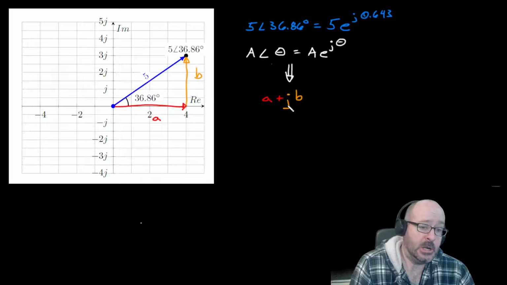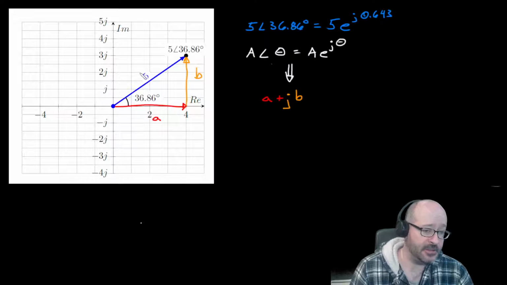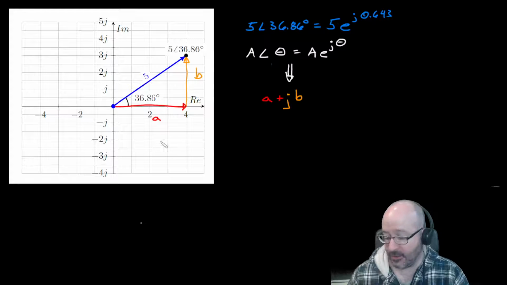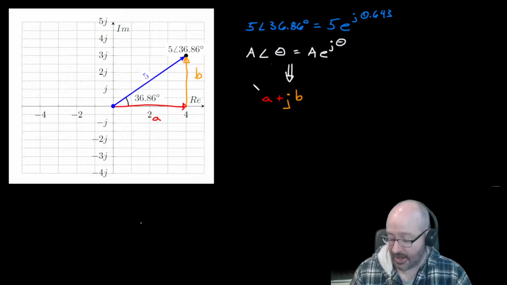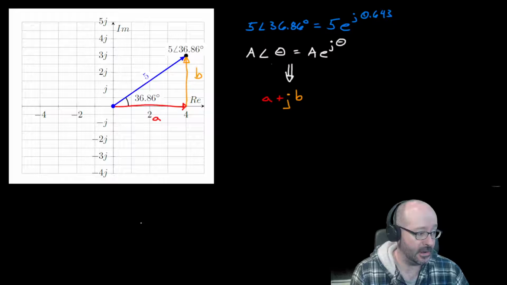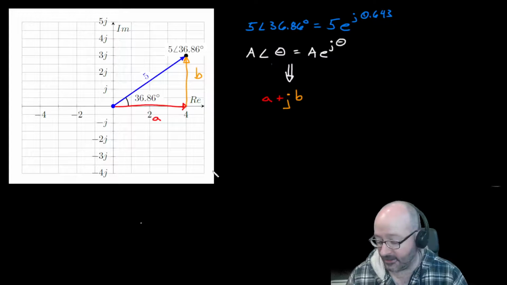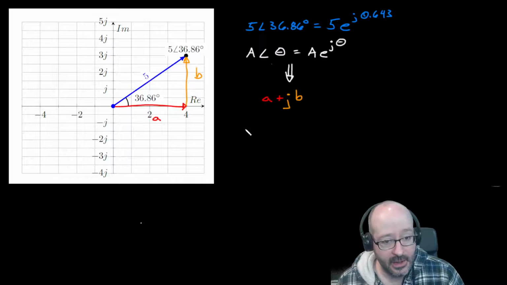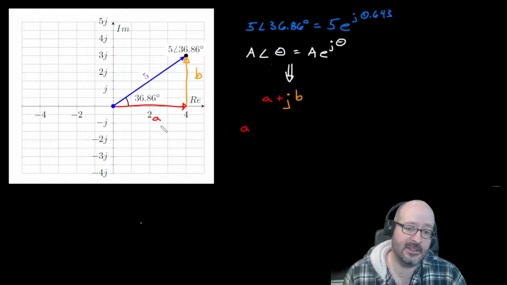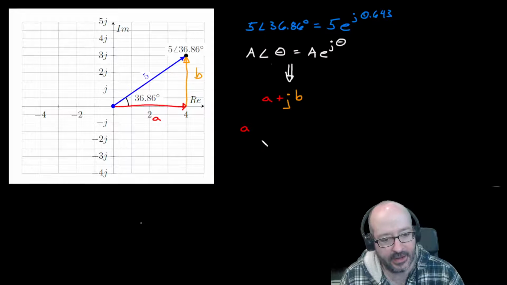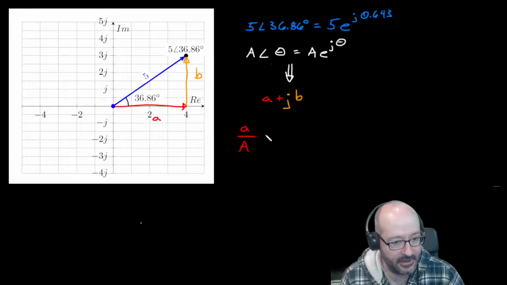So how do we do that? We really just use trig to move between those. We know the angle, we know the direction, and we're just going to use sine and cosine to get us there. The value for a is the adjacent side, so I'm going to use cosine: adjacent over the hypotenuse, and the hypotenuse is just capital A, is equal to the cosine of the angle.